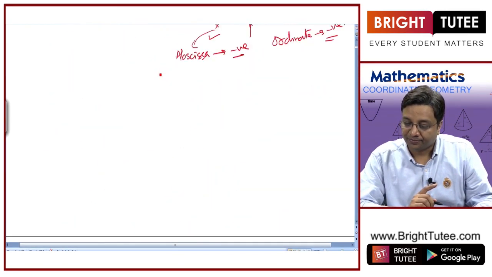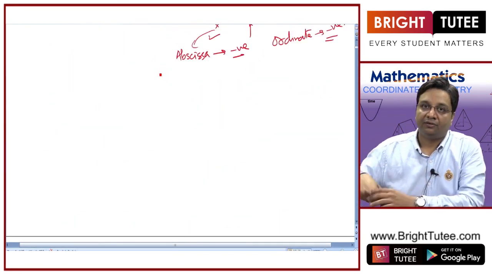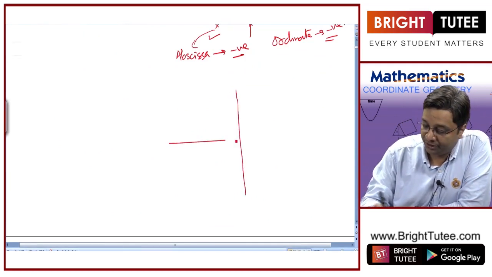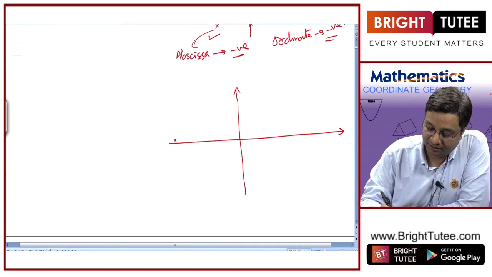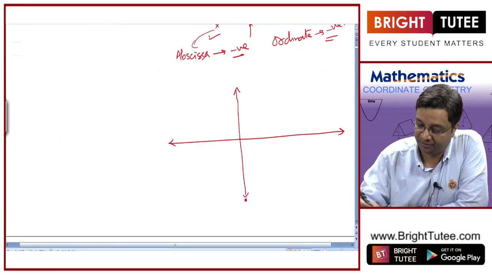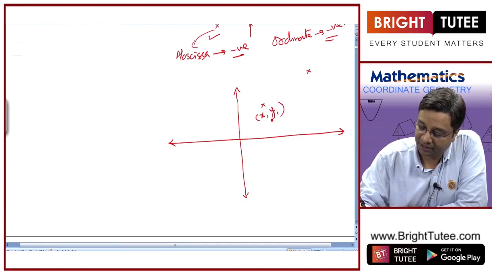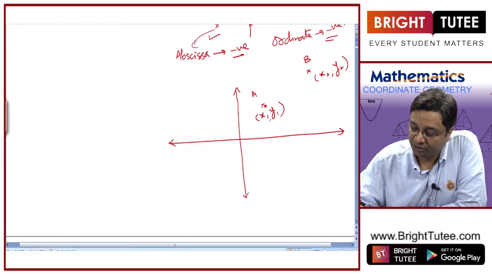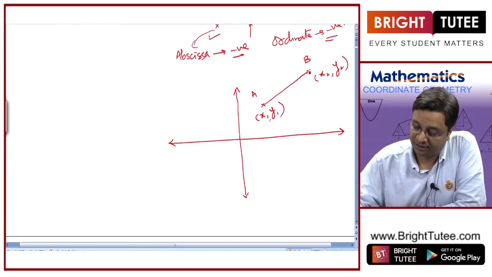Now we will calculate, let us say, the distance between any 2 points in the Cartesian coordinate system. Let's say these are 2 arbitrary points, x1, y1, and this point is x2, y2. Let's give a name to these points, A, B. Okay. Now you need to calculate this distance AB, right?